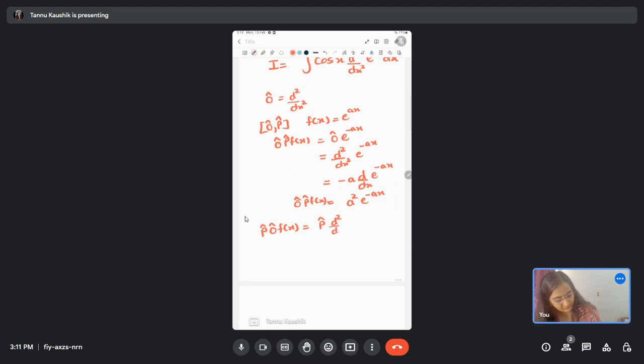And again, if we check this by interchanging the positions, e raised to minus ax, we will get minus a d by dx of e raised to minus ax.